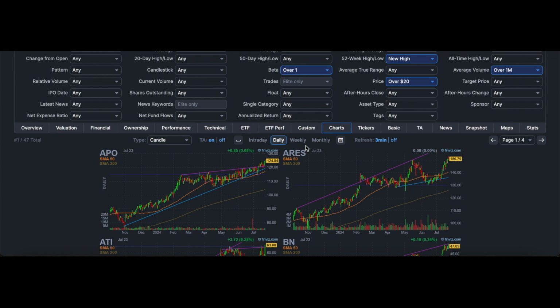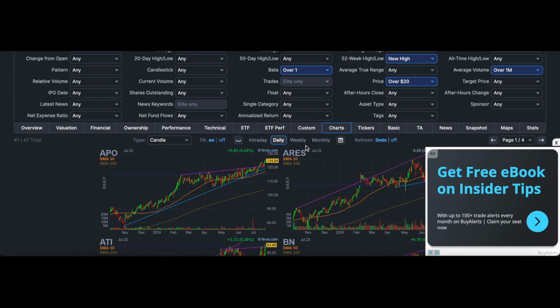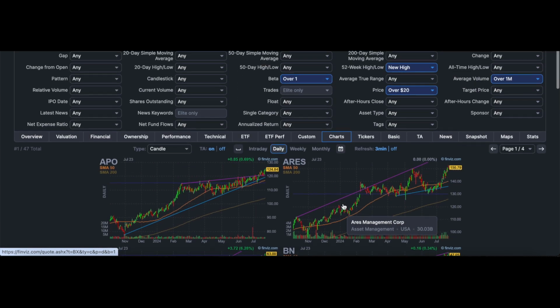For example, names like Apple, Microsoft, Meta, Google. These are not names that typically double within a short period of time, but these are stocks that can continue to make new 52-week highs and continue to grind higher and higher. So this is what this scan tries to capture.